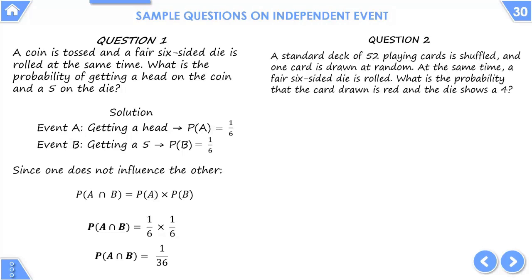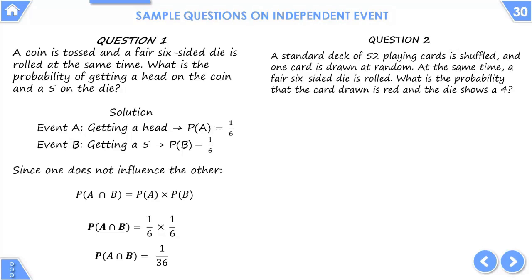A standard deck of 52 playing cards is shuffled, and one card is drawn at random. At the same time, a fair six-sided die is rolled. What's the probability that the card drawn is red and the die shows a 4? How can the outcome of a die affect the outcome of a card draw?